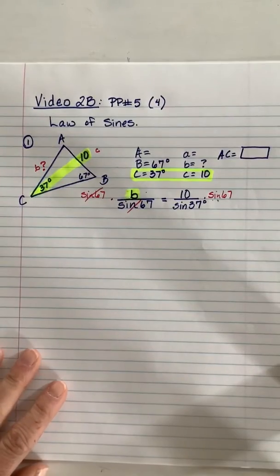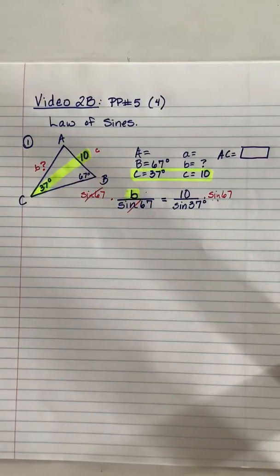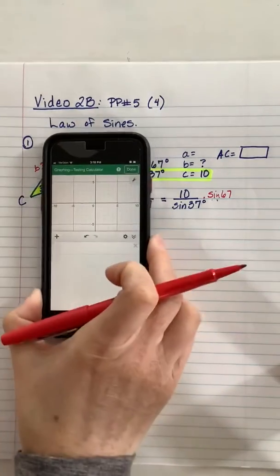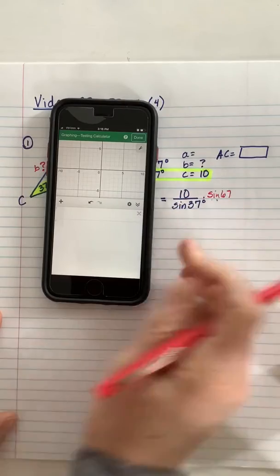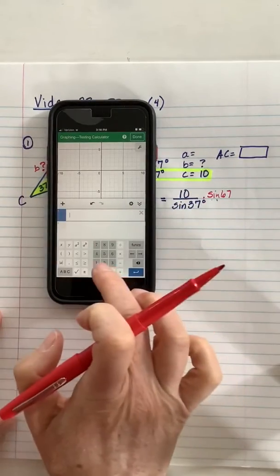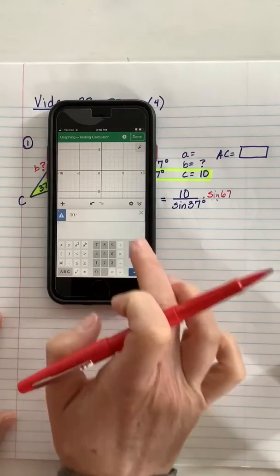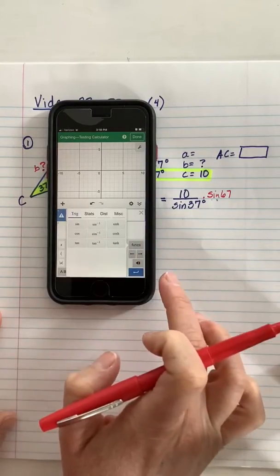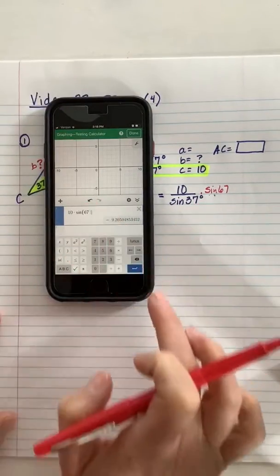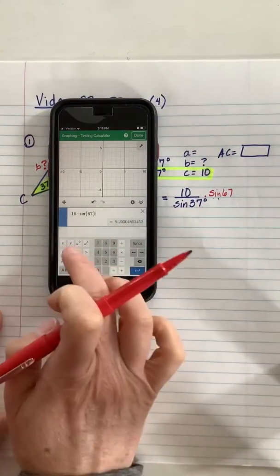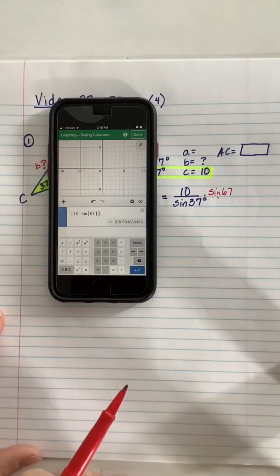And just in one quick multiplication, now we have little b all by itself, which means it's Desmos time. So I'm going to enter this expression. I've got 10 times the sine function, sine 67. Now I'm going to end the parenthesis, and end another set of parentheses there to make sure I have that entire thing.